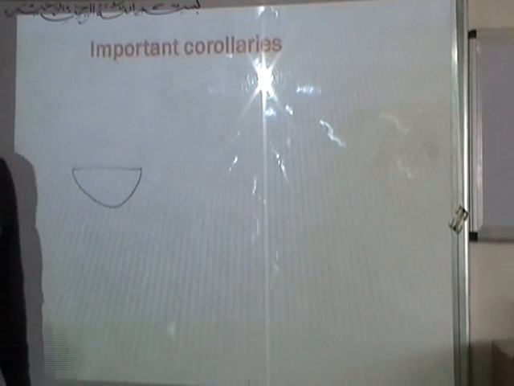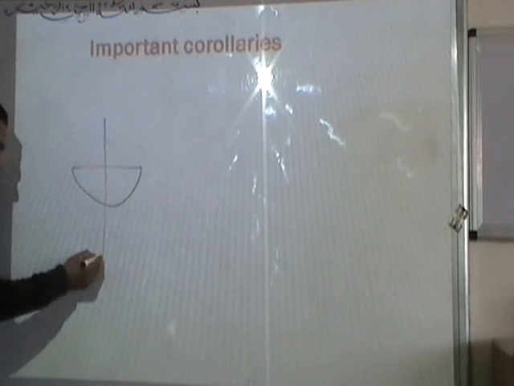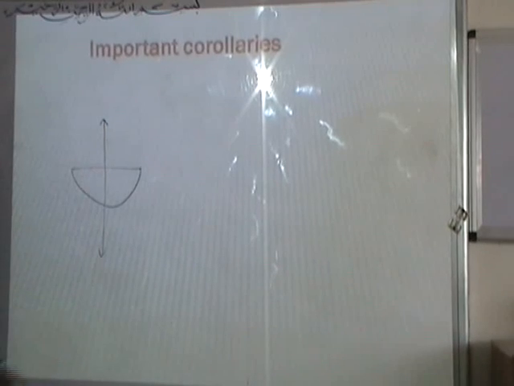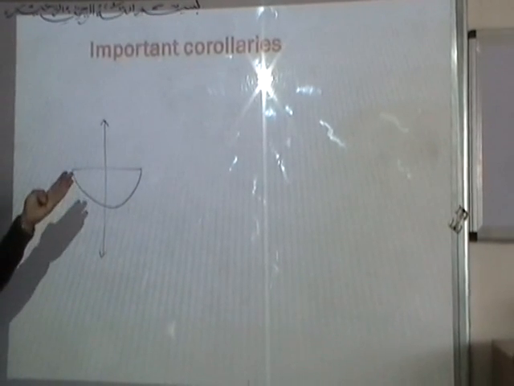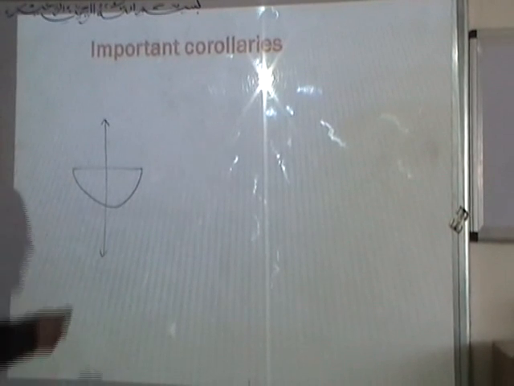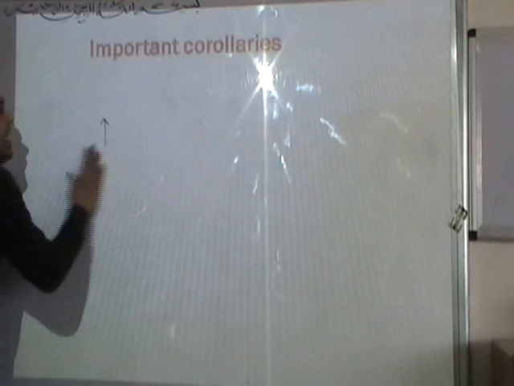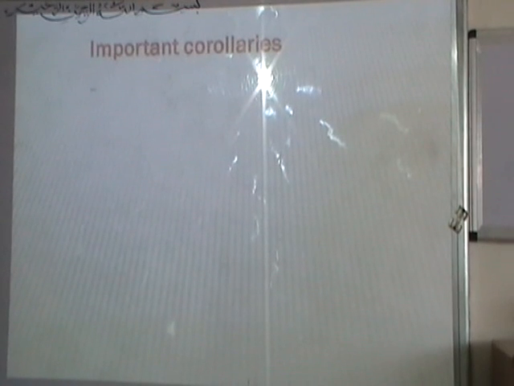So how can we divide this part into two congruent parts? Only like this. You will have 2 quarters. So this half will be divided into 2 quarters. So we can say that the semicircle has only one axis of symmetry, and the circle has an infinite number of axes of symmetry. You have some important corollaries about the circle.